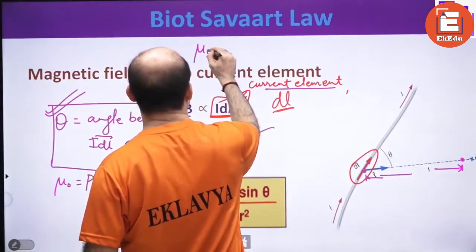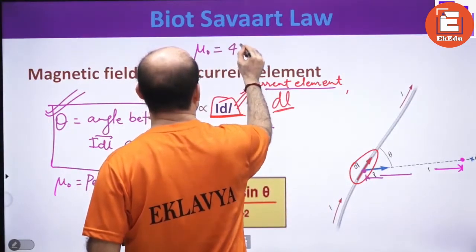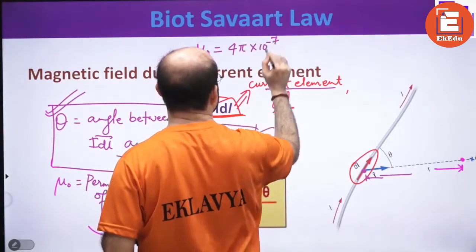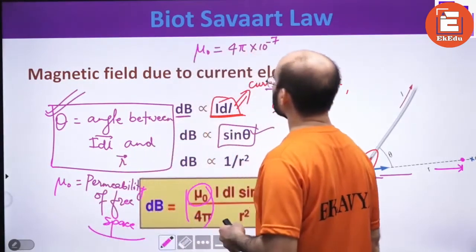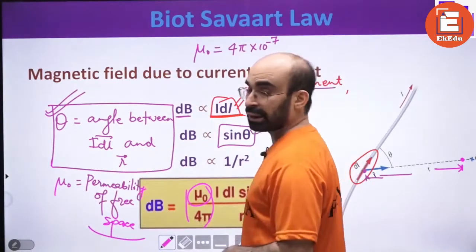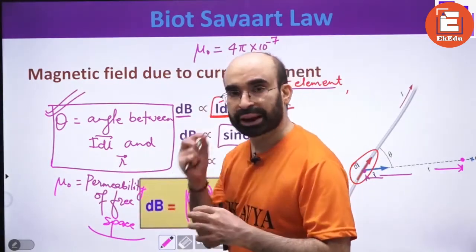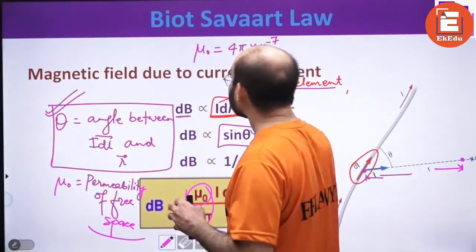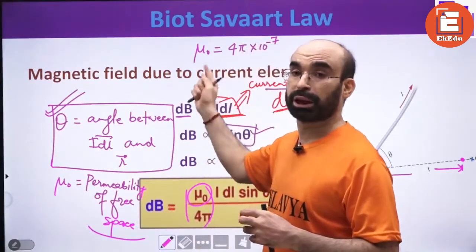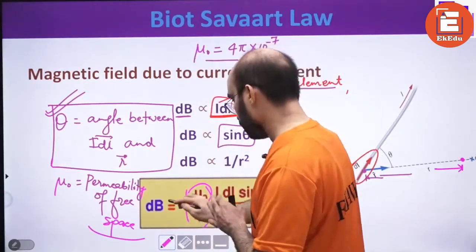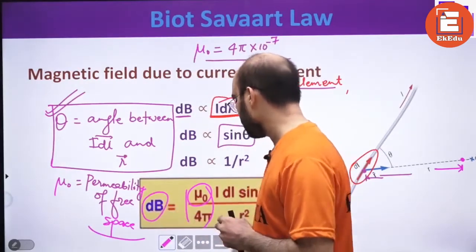Mu naught equals 4 pi into 10 raised to power minus 7. Okay, 10 raised to power minus 7. Mind it. What is going to be the SI unit of this permeability, right? This is Tesla. Okay, this is Tesla.